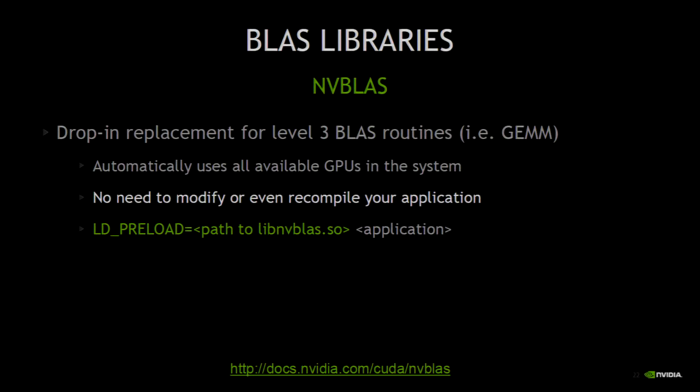All you need to do is preload it using LD_PRELOAD. It will intercept your calls to DGEMM and other BLAS level 3 routines, efficiently tile the matrix, move it to the GPU, do the matrix multiplication on the GPU, and move it back. It is completely transparent to you, and you can achieve very high performance with that.